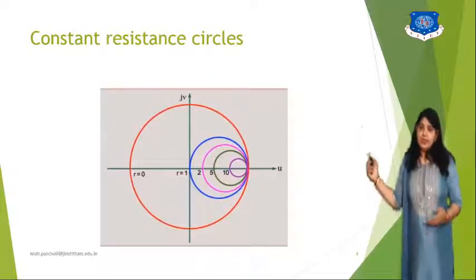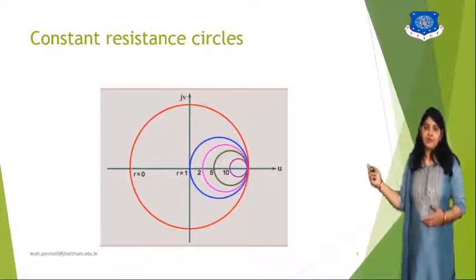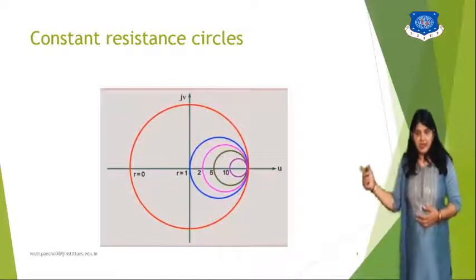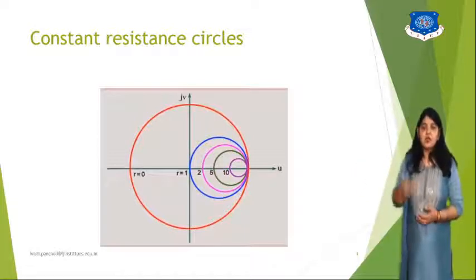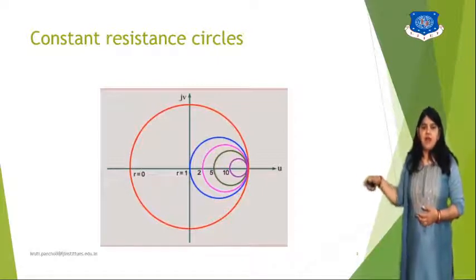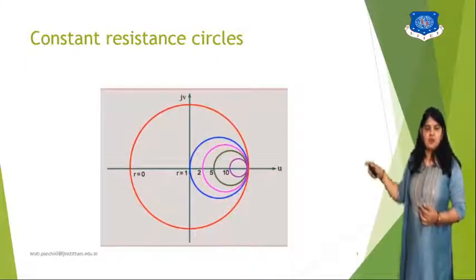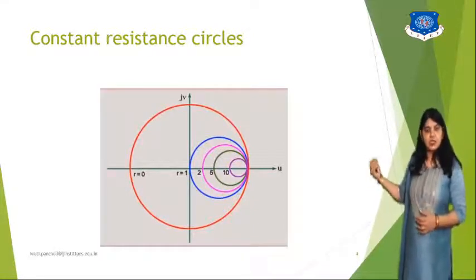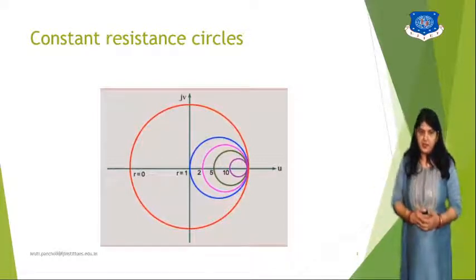Earlier you found the constant resistance circle. Now on the Smith chart, we find such circles of different radii. Here you can see R is equal to 10, R is equal to 5, 2, 1. The two extreme points are R is equal to 0 and R is equal to infinity.